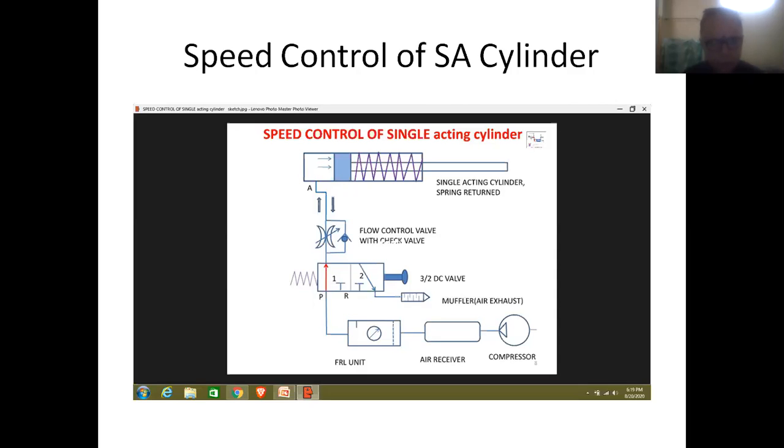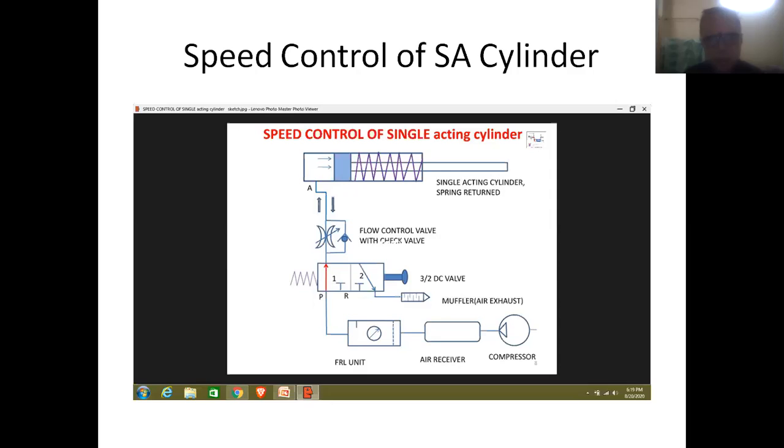So this flow regulator will be controlling the quantity of fluid entering the cylinder. Therefore, it is called flow regulator. And secondly, by regulating the quantity of fluid, ultimately it will be regulating the speed of the fluid entering the cylinder. So therefore, it is also called speed regulator.